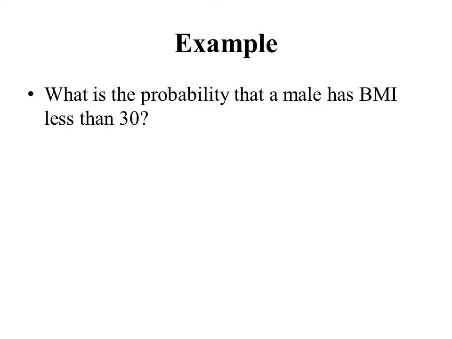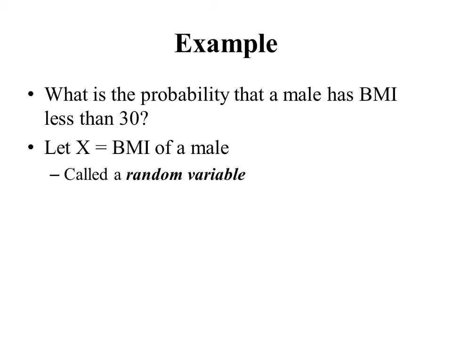Let's go back to our example of what's the probability that a male has a body mass index less than 30. So let's let the variable x represent the BMI of a single male. Now this variable x is what's called a random variable. This idea of a random variable forms the theoretical foundation for everything that's done in probability and statistics.